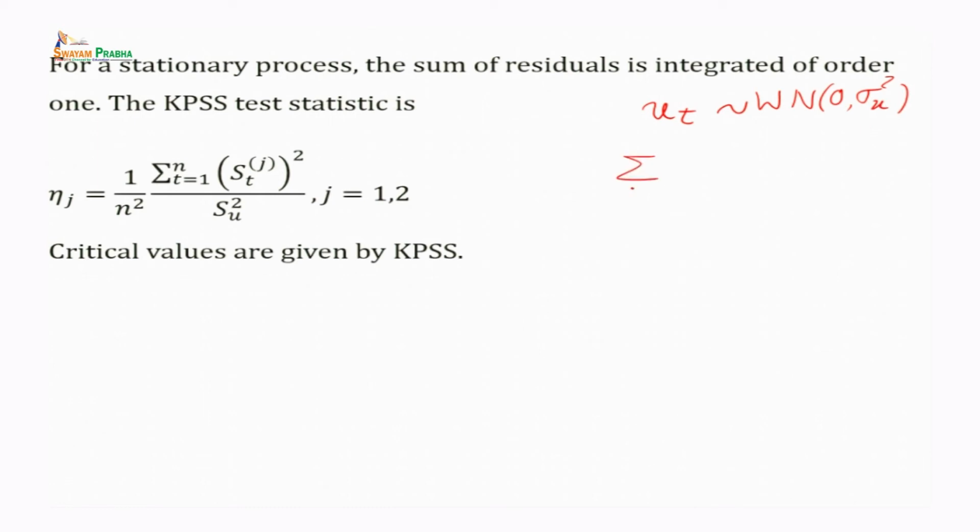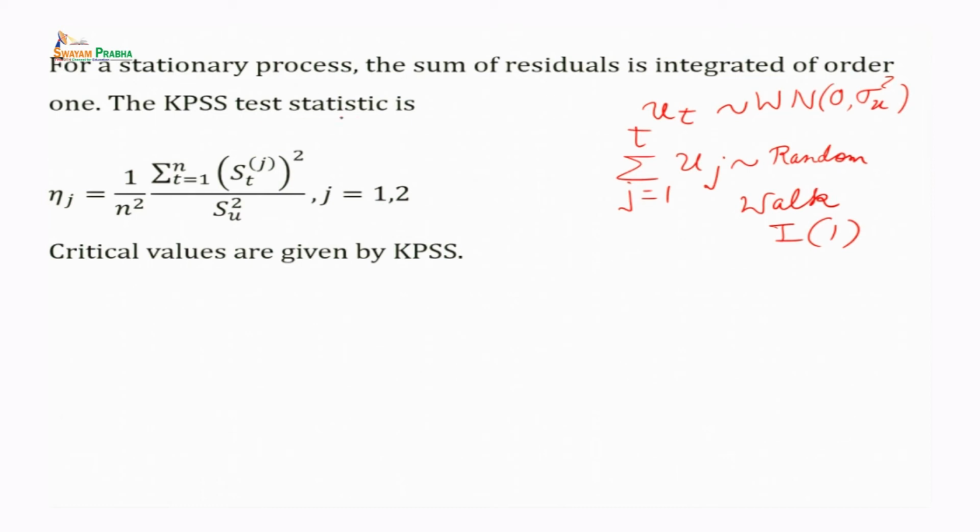Then the summation j equal to 1 to t, if you consider this process, this is a random walk. So, the sum of residuals is integrated of order 1, means this is an I(1) process.